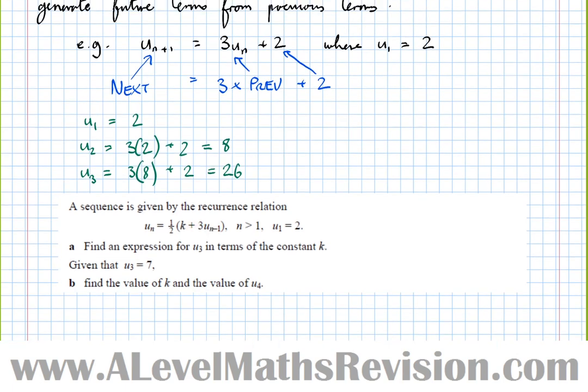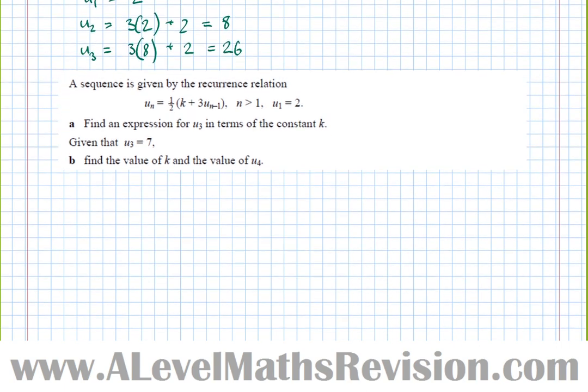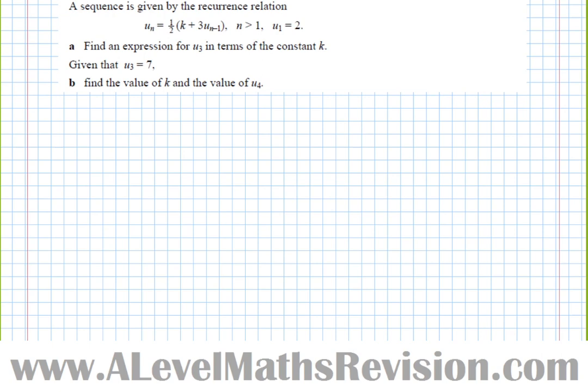And notice I use letters subscripts n plus 1 and n. N plus 1 is 1 more than n. This is the same sort of notation, except they've used n to be the current term and n minus 1 to be the previous term. Both work. So a sequence is given by that recurrence relation there. Find an expression for u3 in terms of the constant k.